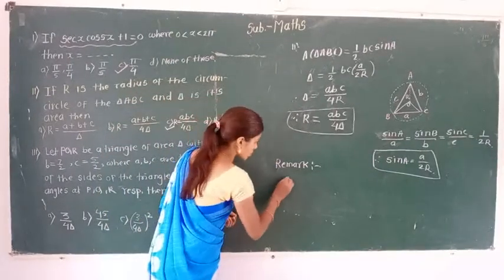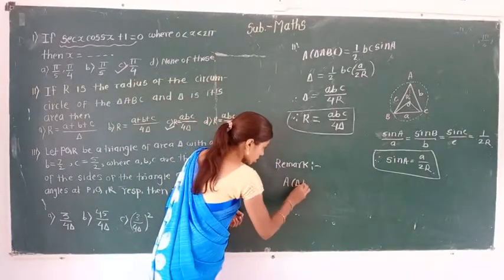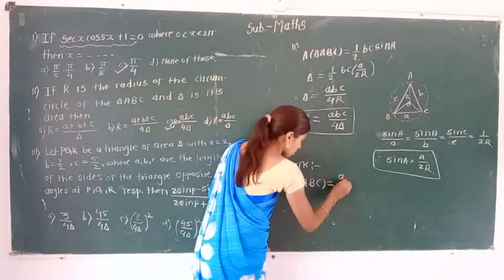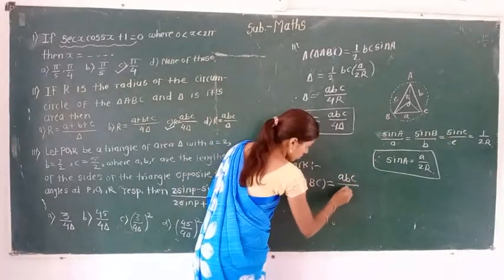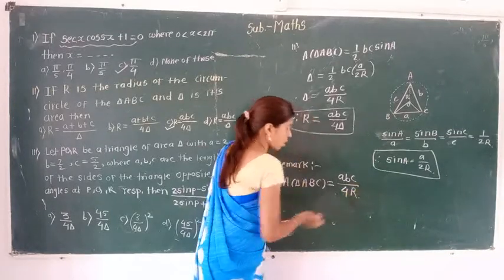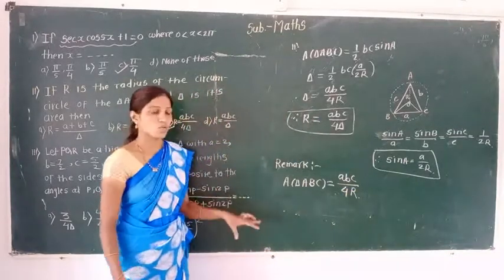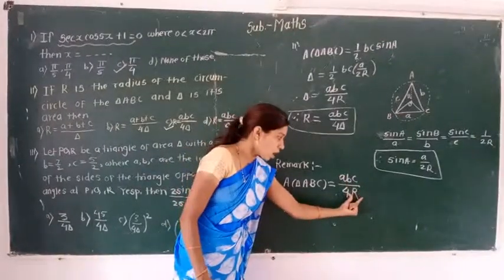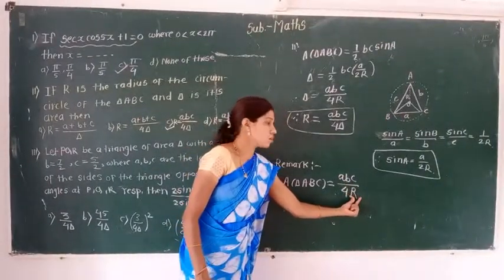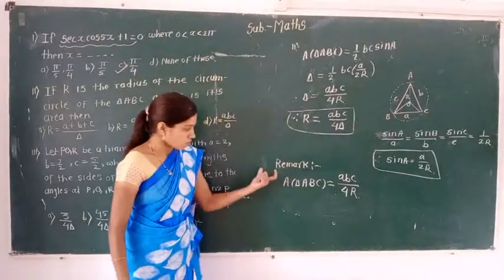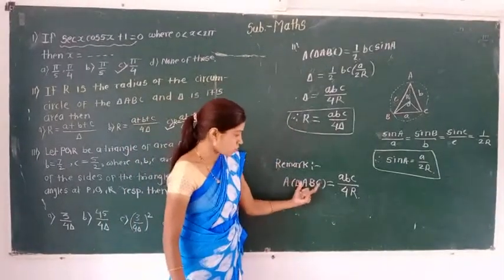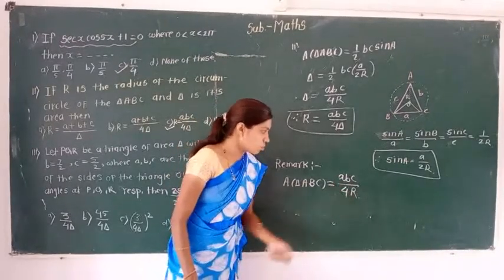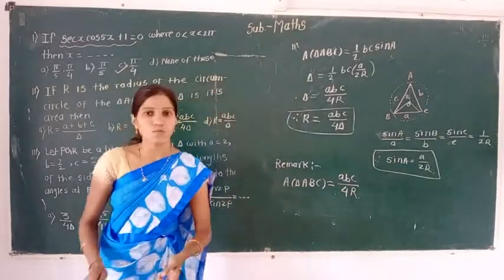We can write the area of triangle ABC is abc divided by 4R. So write down this formula.